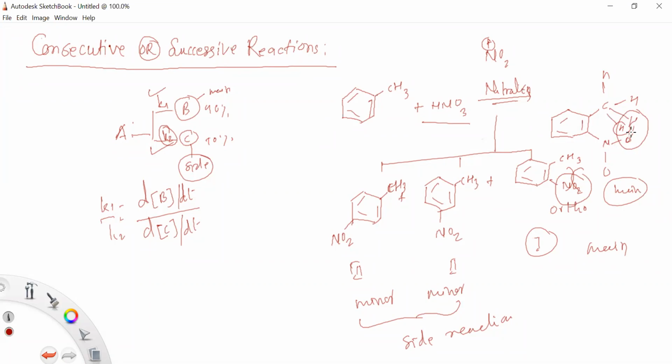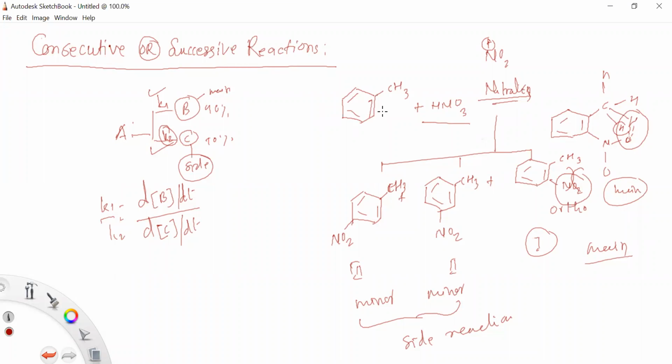After the formation of hydrogen bonding, the six-member ring gives stability to this benzene ring, and therefore this product is very stable and is the main reaction, and the other two are called side reactions. So this is an example of a side or parallel reaction.